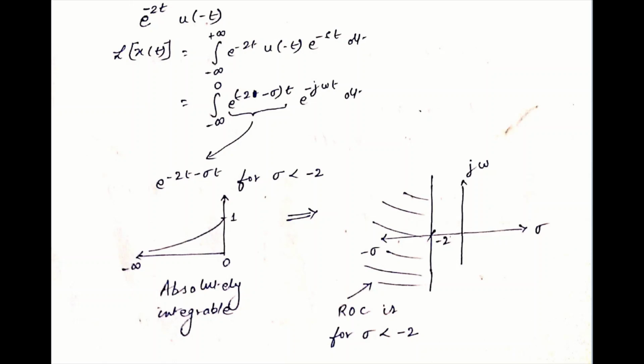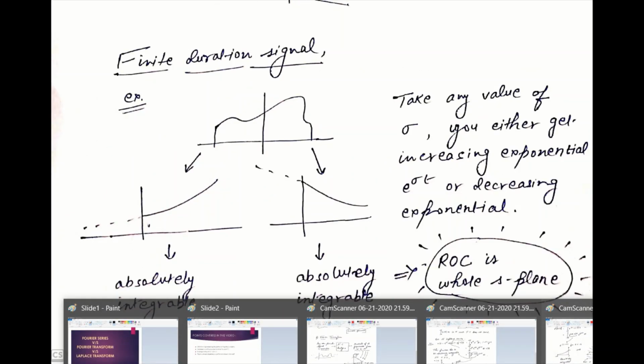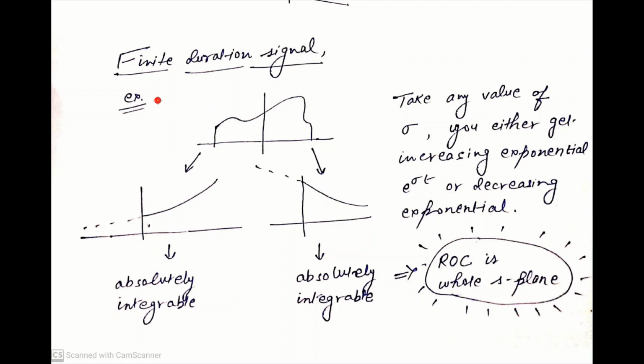All right. Now I want to see what happens for a finite duration signal. This is a finite duration signal. I have just taken an example; you can take any signal which is of finite duration. What does finite duration mean? It means the signal exists only for a finite interval of time, and beyond that interval, the magnitude of the function is 0.